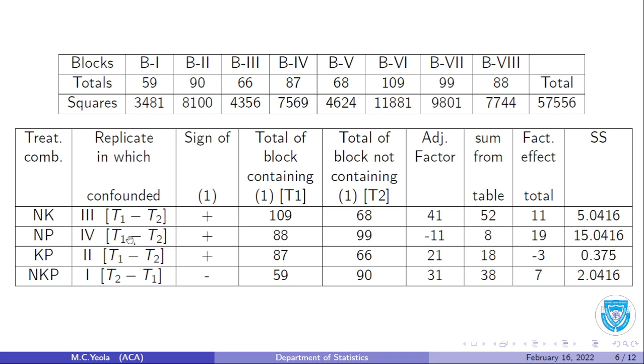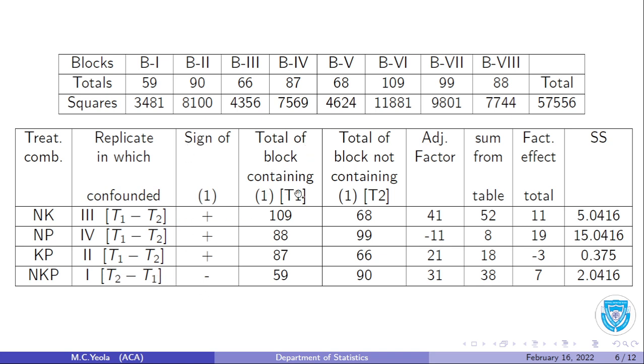So we obtain T1 minus T2 for these 3 treatment combinations, and for NKP only it is T2 minus T1. The sign of 1 is plus, plus, plus and here minus, so because of that we have this here. That also we have noted here.